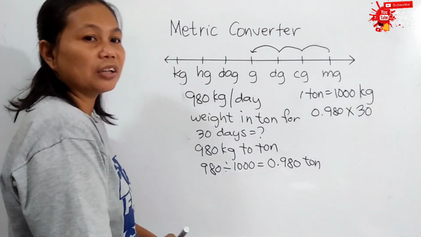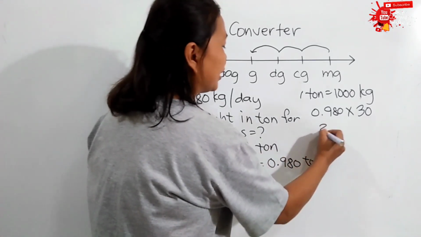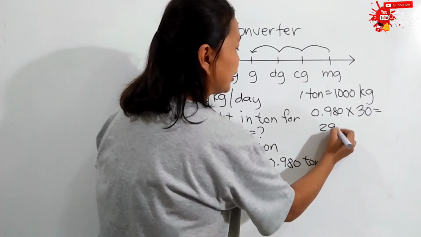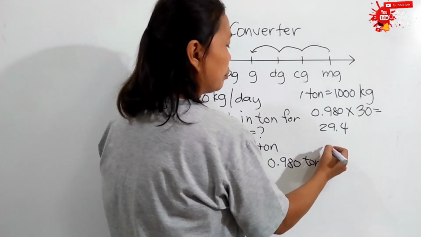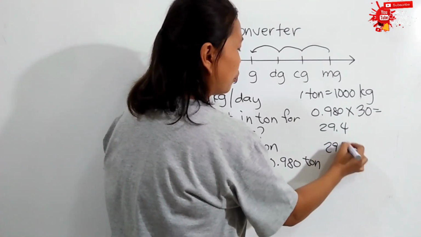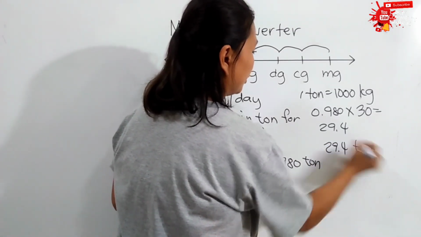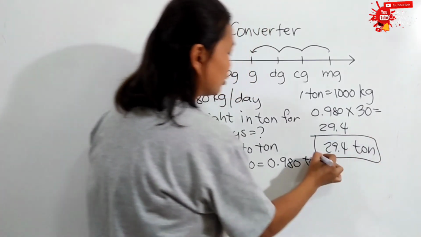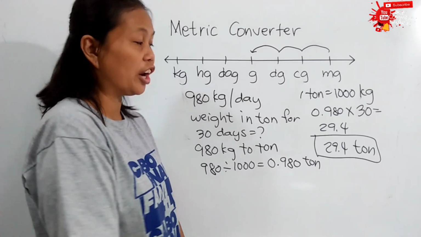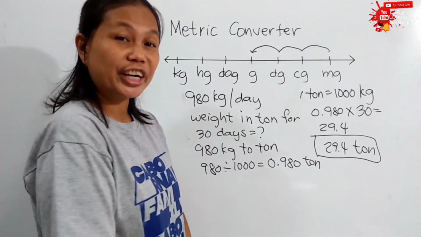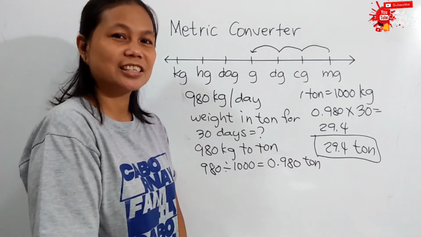It is equal to 29.4. So the answer will be 29.4 tons. So the garbage collector collects 29.4 tons for 30 days.